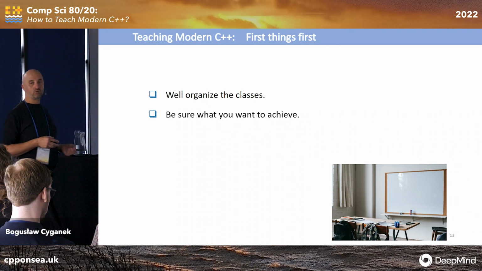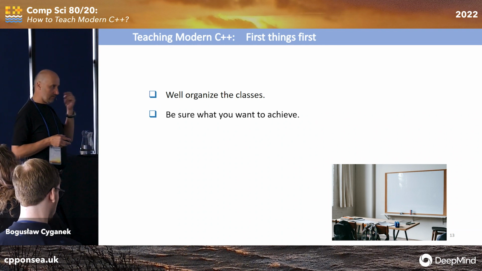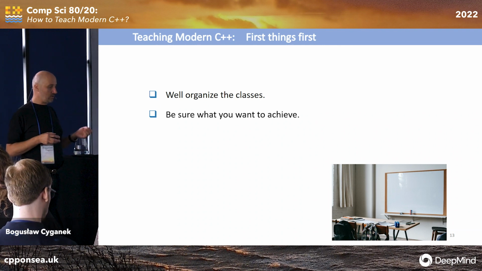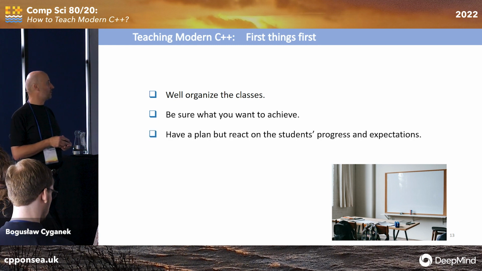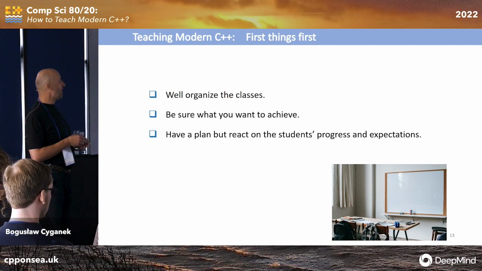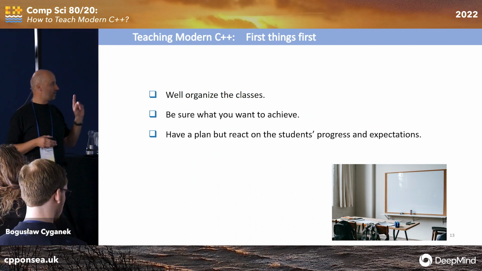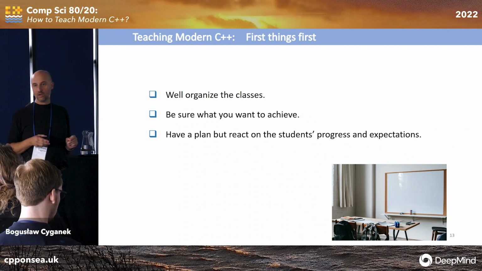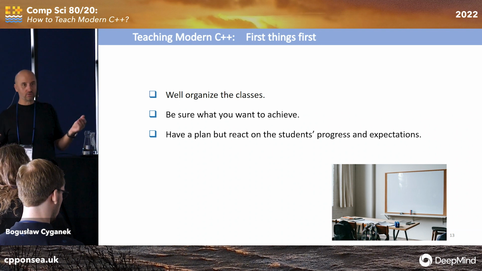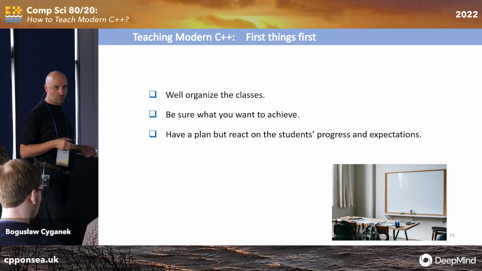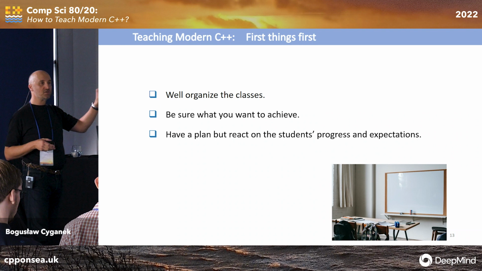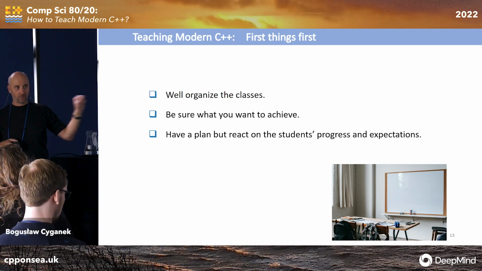Be sure what you want to achieve. The thing is we need to put precisely our goals. Have a plan, okay, so we have a plan, but react on student progress and expectations. So be agile. We know these methodologies from software development. So we will see many methodologies from software development right here.